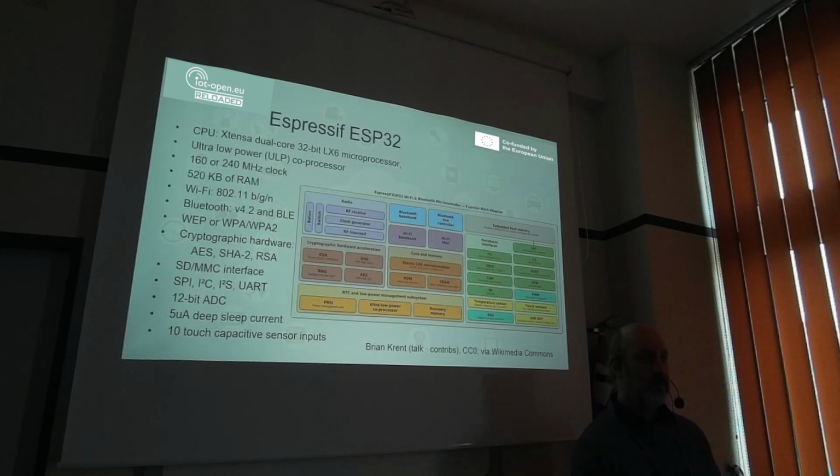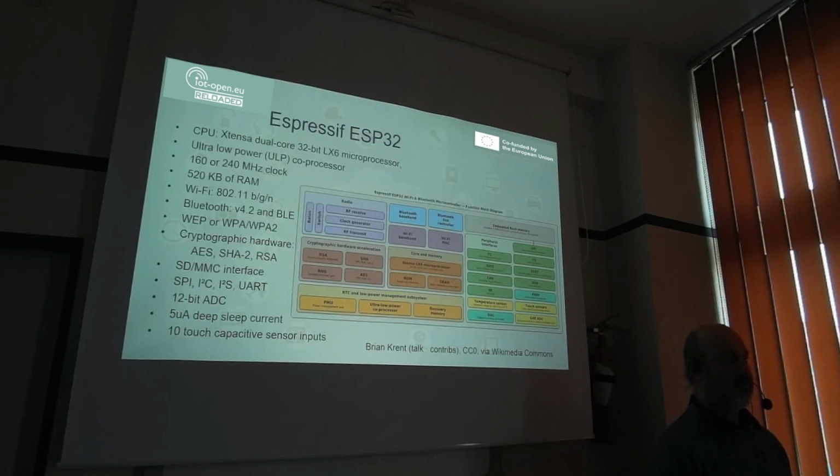And the newer member of the family from Espressif is ESP32. ESP32 is based on similar Xtensa microprocessor, but it incorporates also additional coprocessor for ultra power mode, so for power saving.